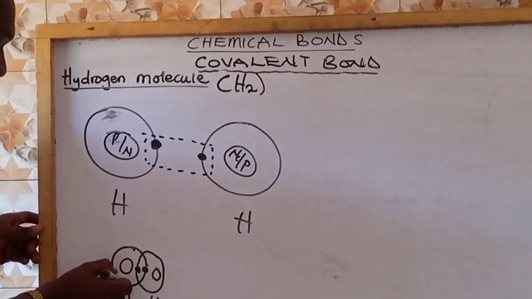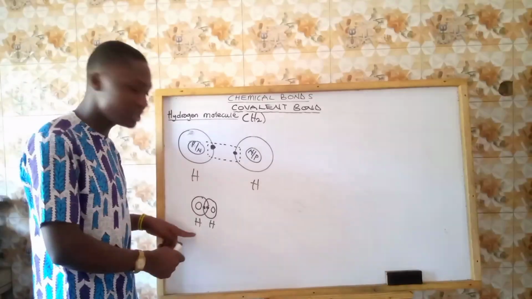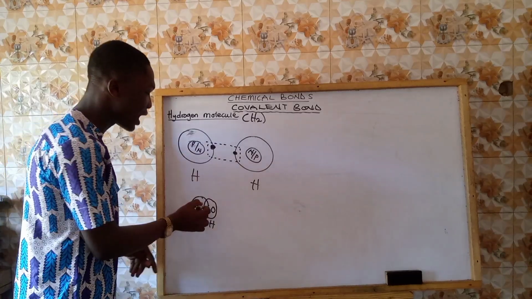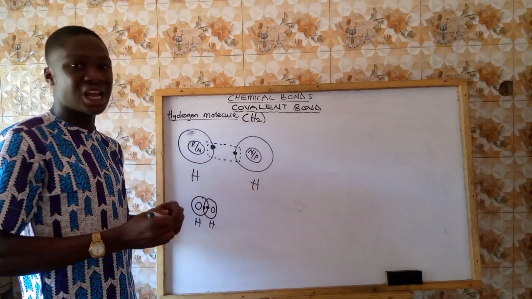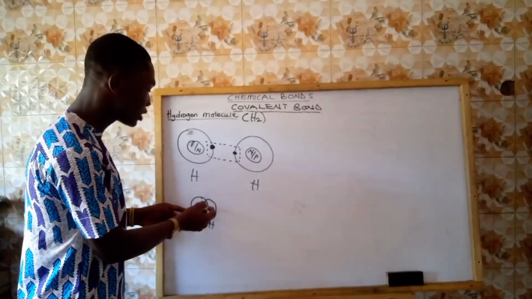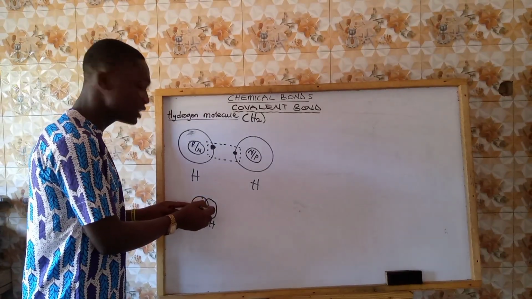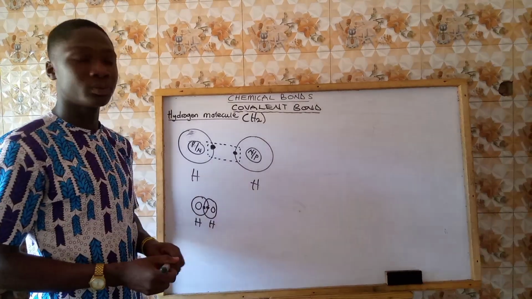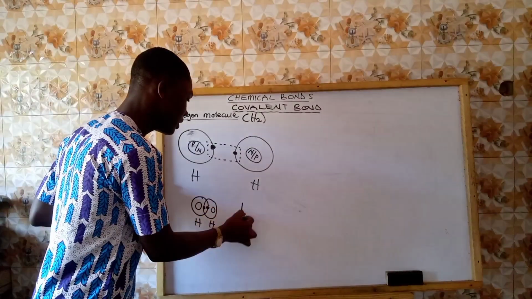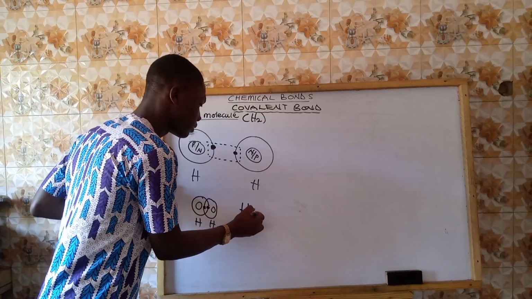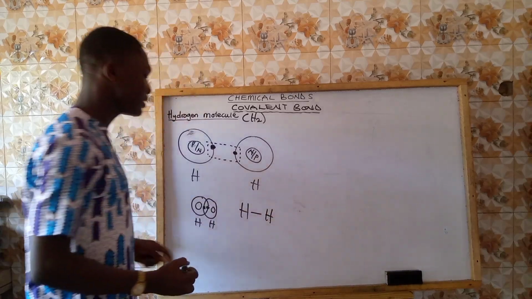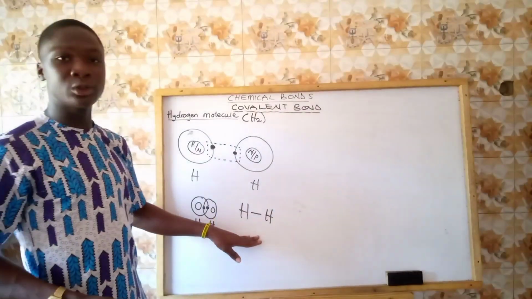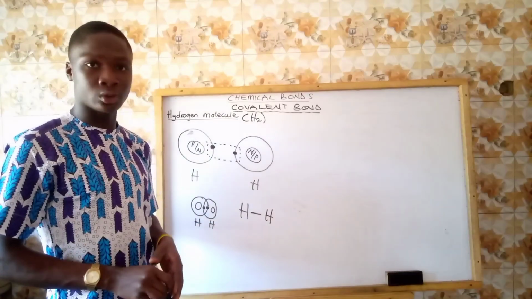Now this hydrogen atom will have two electrons, and this atom also has two electrons because they are sharing electrons. So these electrons are for this atom, and at the same time they are also for this atom. So this will be a covalent bond between these hydrogen atoms.